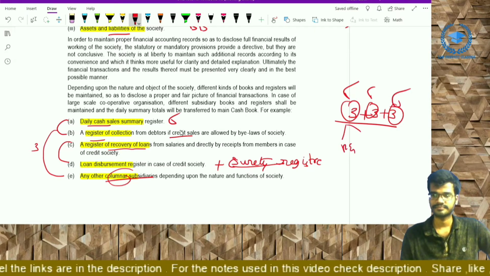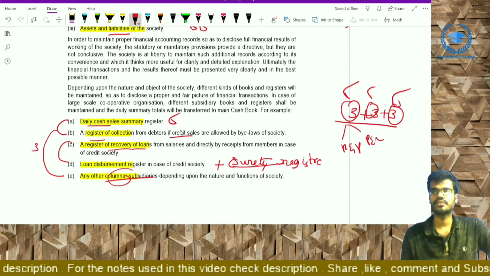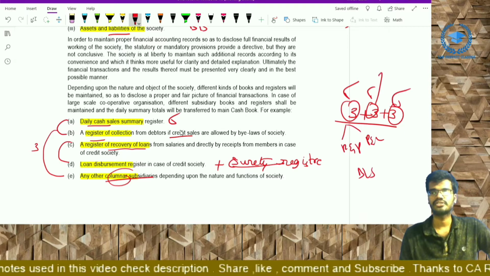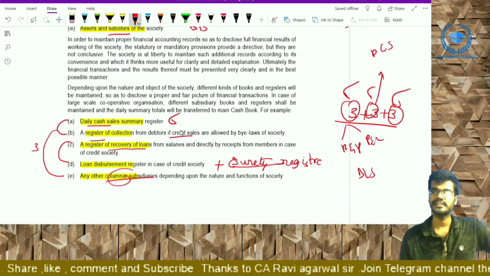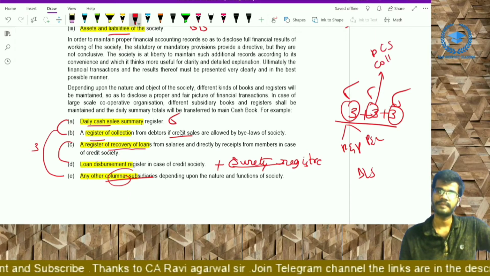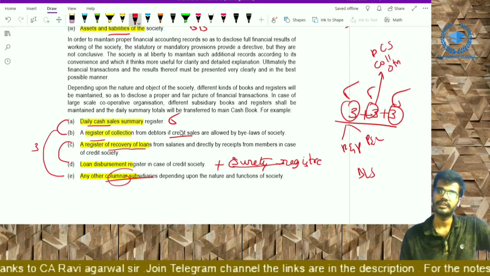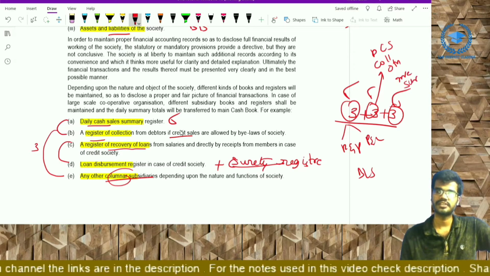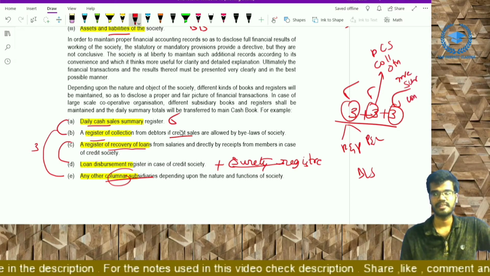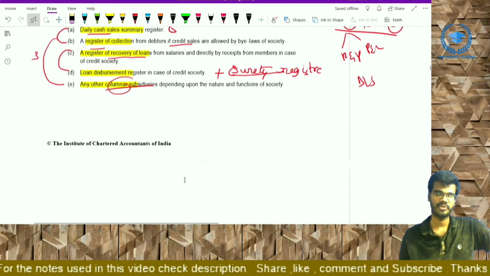What are the sets? 3 plus 3 plus 3. Receipts and payments, profit and loss account, balance sheet. The second set is the daily cash sales summary, collection summary, and other columns and subsidiary. The third set is the investment and property register, surety register, and loan disbursement register. Right, this is the point relating to the books of accounts.